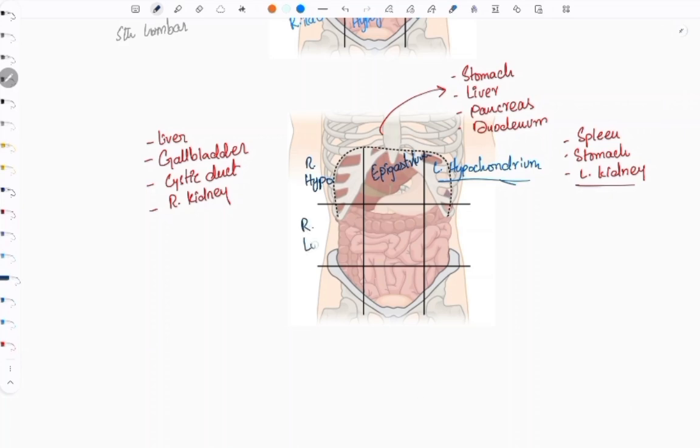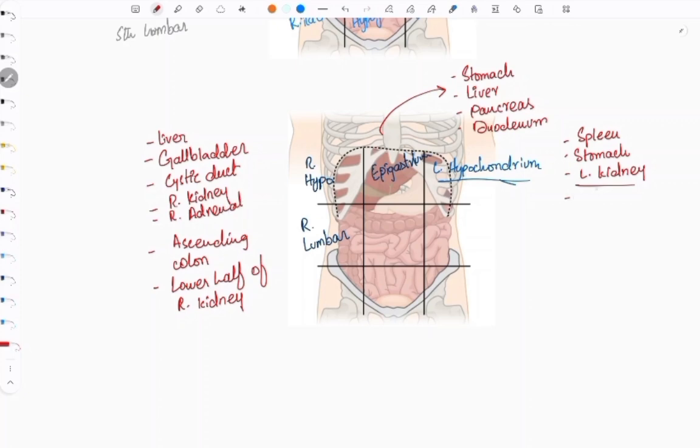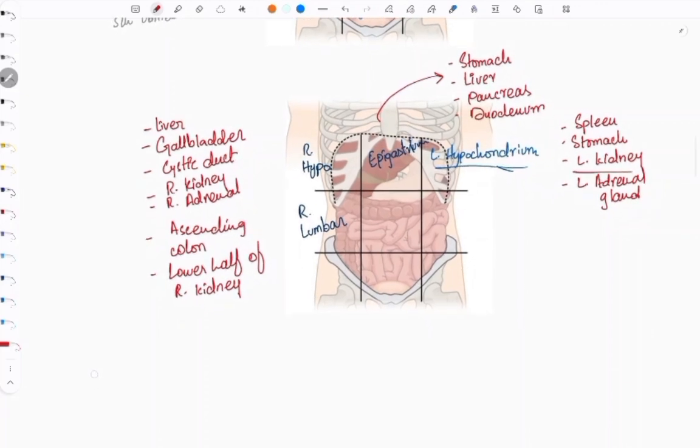The right lumbar region houses the ascending colon and the lower half of right kidney. The right hypochondrium also consists of right adrenal gland present at the top of the kidney, and the left hypochondrium also consists of left adrenal gland.